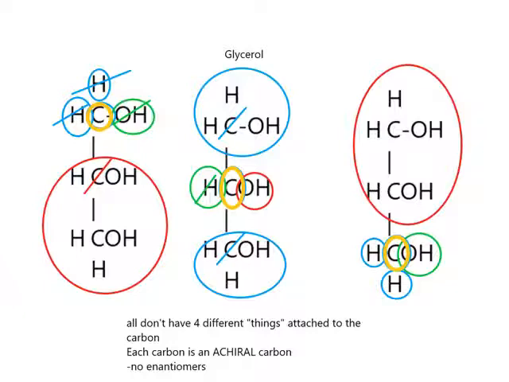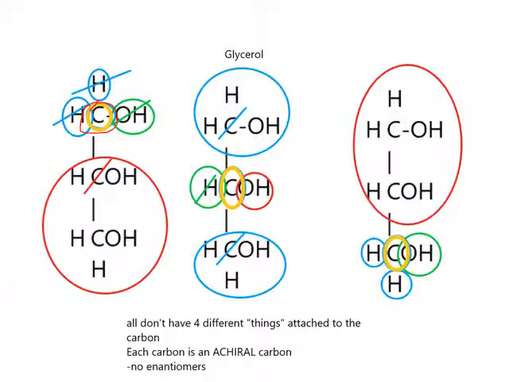So this is the first carbon here. We're going to look at the top carbon, and we're going to see if it has 4 different things attached to it. If it has 4 different things attached to it, then it's chiral, and then this structure has a mirror image. Well, you can see it has an H and H. That's the same. And now here's the thing I want you to see. It has a carbon attached here, okay?